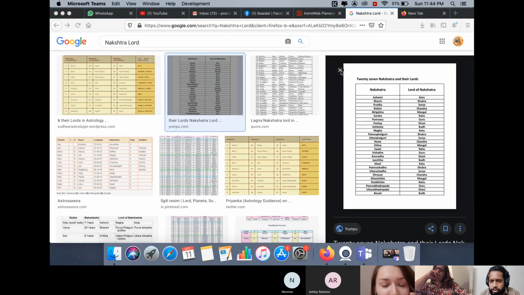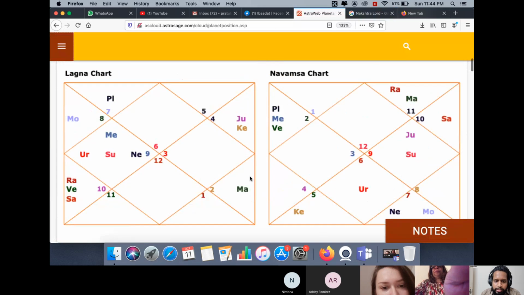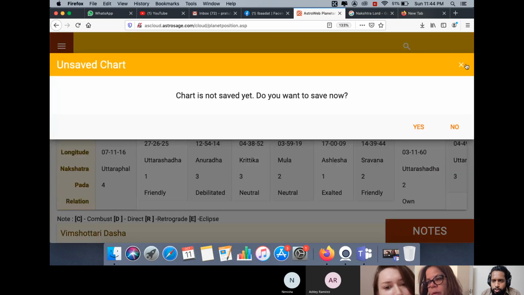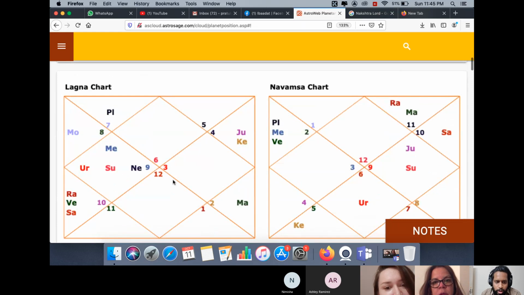Sun is the lord of Uttara Phalguni. The third step is to go to the natal chart and see where the Sun is going. Sun is going in the fourth house with Mercury, and now you just have to see the degree. Sun is 27 degrees, Mercury is 3 degrees. So they are quite far.